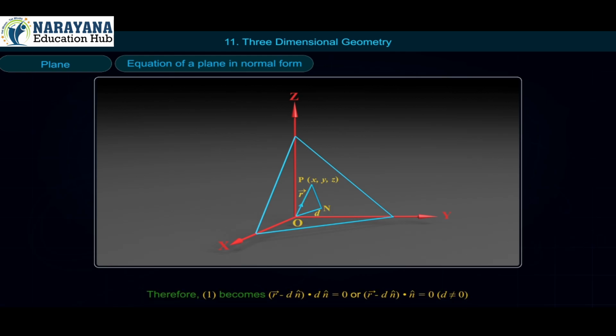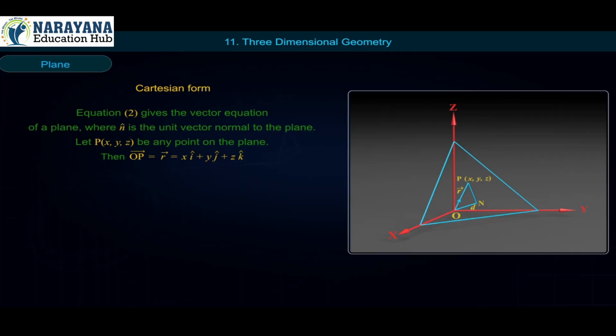Therefore, equation 1 becomes vector r minus d n cap dot d n cap is equal to 0, or vector r minus d n cap dot n cap is equal to 0, where d is not equal to 0, or vector r dot n cap minus d n cap dot n cap is equal to 0. That is, vector r dot n cap is equal to d, as n cap dot n cap is equal to 1. Equation 2. This is the vector form of the equation of the plane.